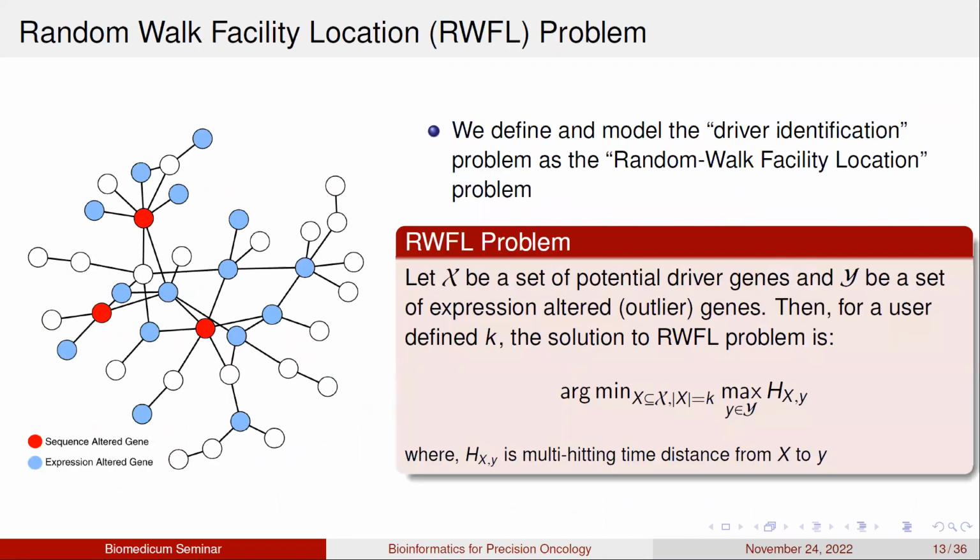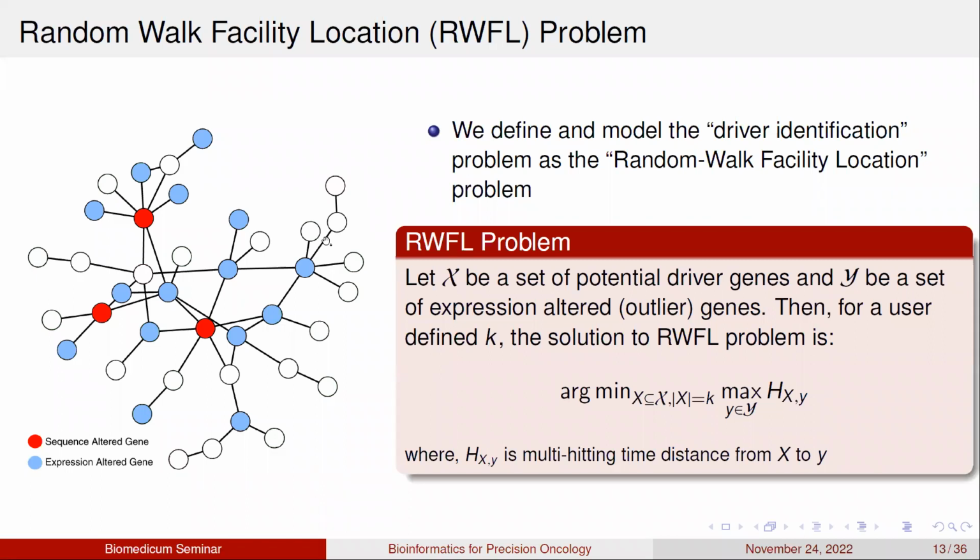So we formulated our problem as the random walk facility location problem, where we want to identify the smallest set of driver genes which can maximize the multi-hitting time. That is, which can have the maximum impact on the changes in expression of different clients, or the other distant genes.